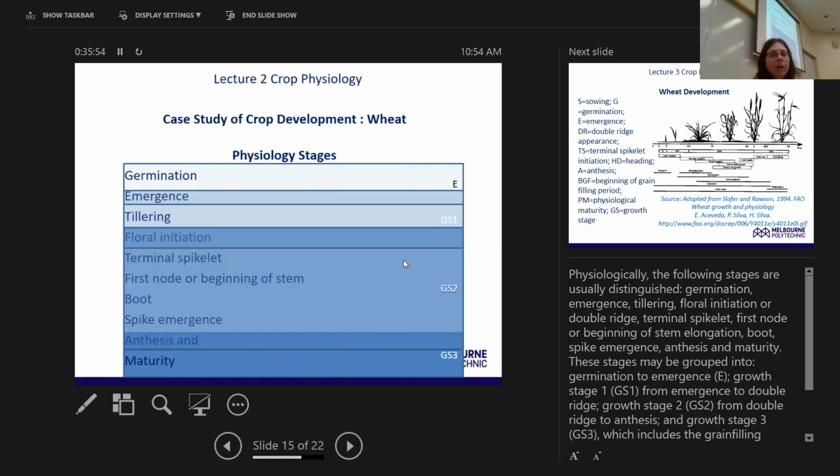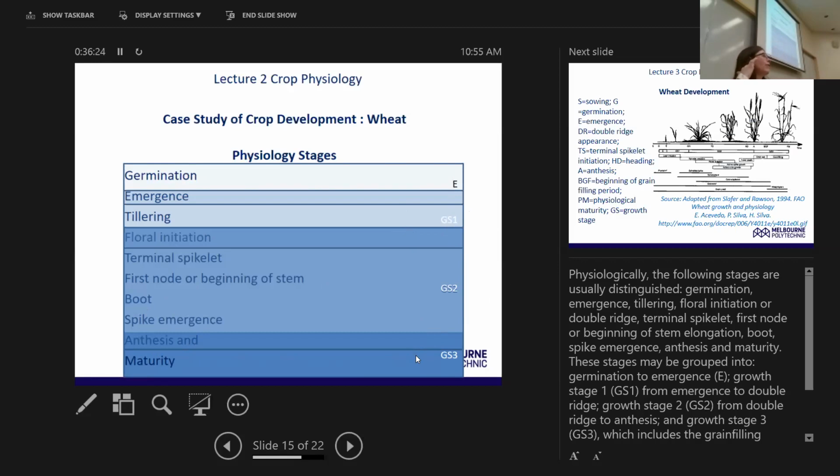You then have a terminal spikelet, which describes how the flowering process actually looks. Then you have the first node or beginning of stem, then boot, spike emergence, anthesis, and maturity. The four stages listed are E, GS1, GS2, and GS3.